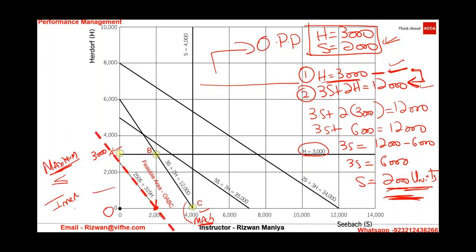So you have to just keep in your mind the last point that the line touches is the answer. So it touches B. B is the last point, and B is the answer. Okay. So B is the optimum point, and at B, it is clear that there are 3000 H and 2000 S, which is clear here.